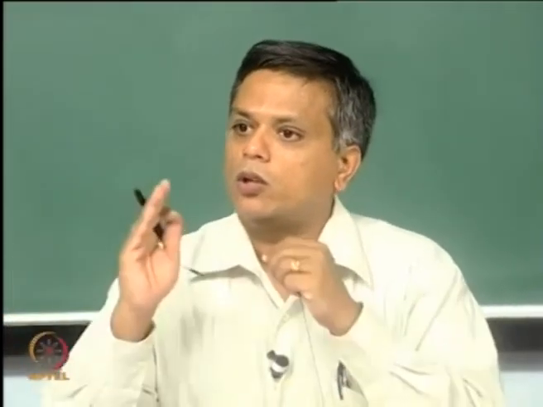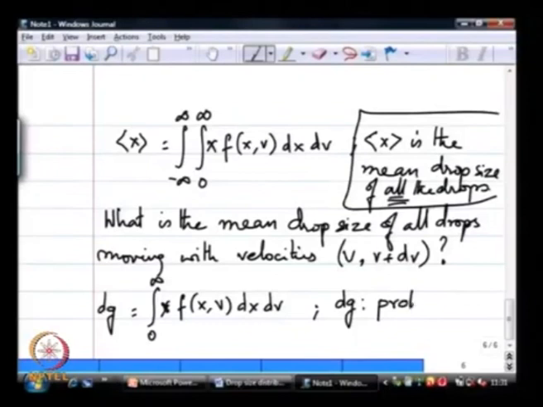Now, this dg is a probability. Because I have taken the probability f of x comma v dx dv, then I have taken all the probabilities and added them up, but I have not added up all the possible probabilities over all the range of v going from minus infinity to infinity.